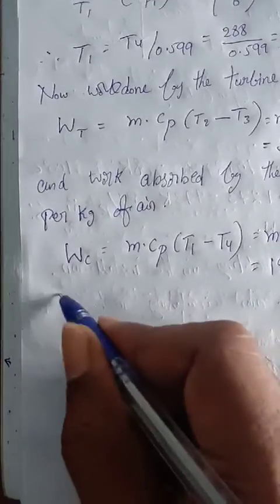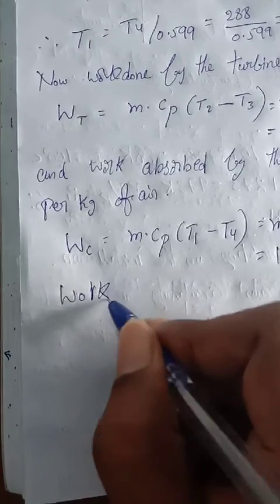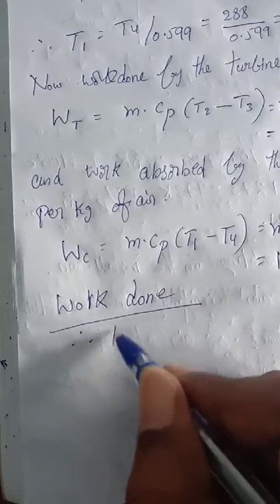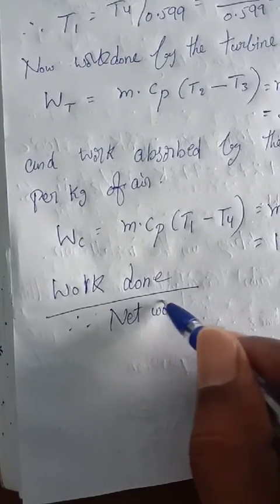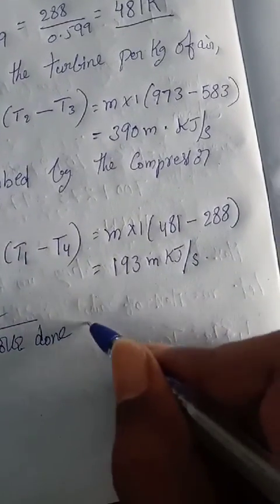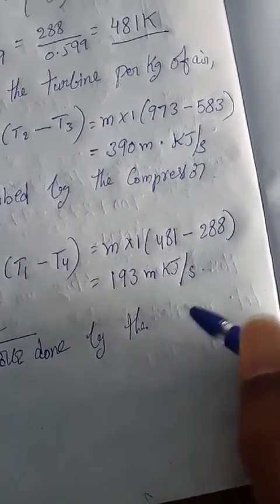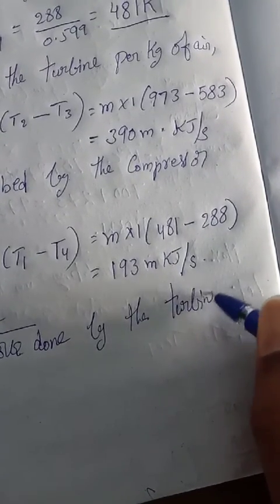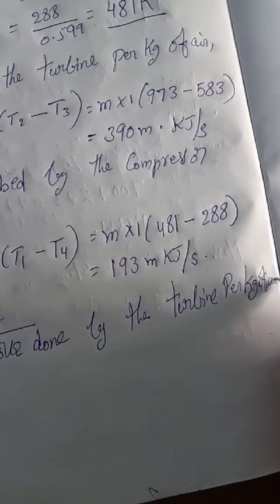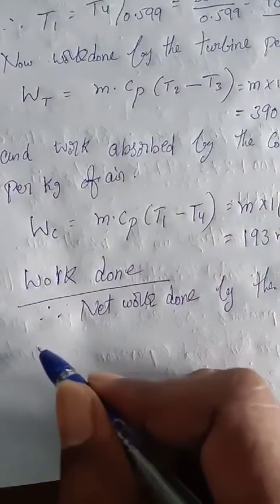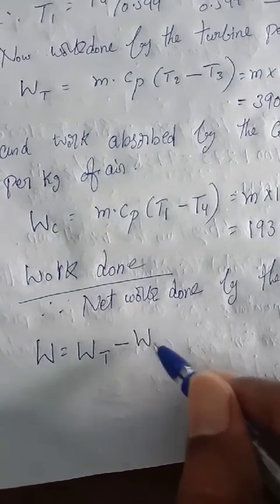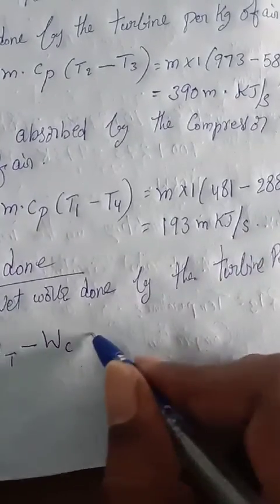Now, net work done by the turbine per kg of air. So W is equal to Wt minus Wc.